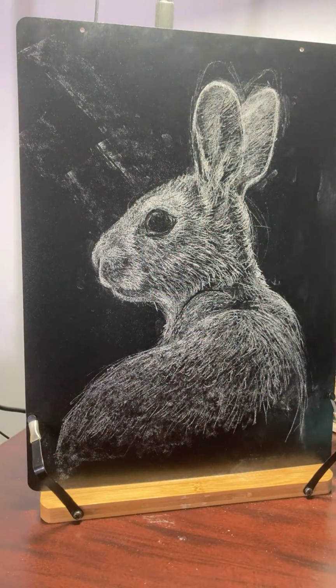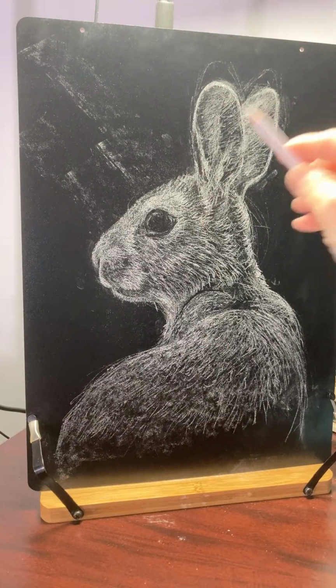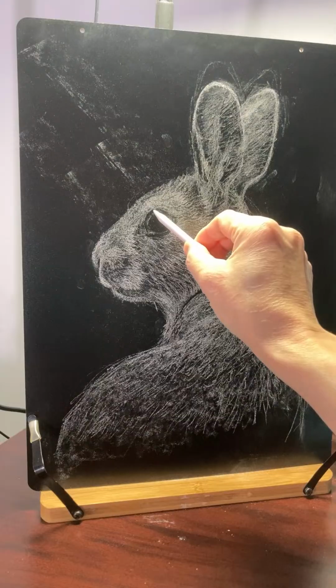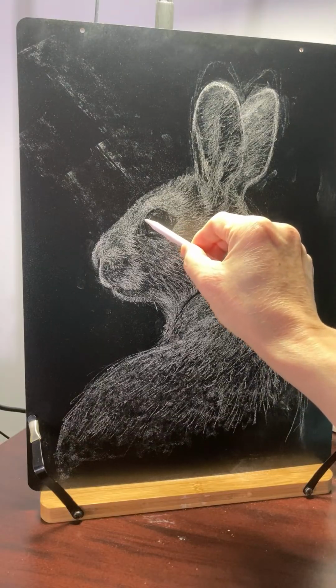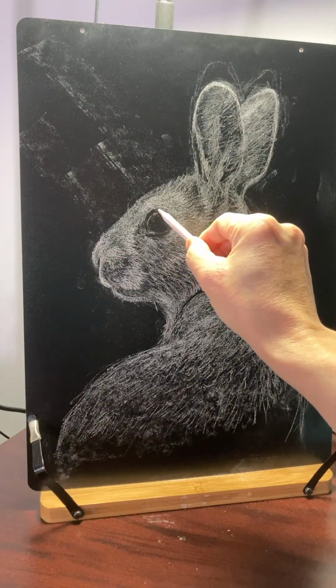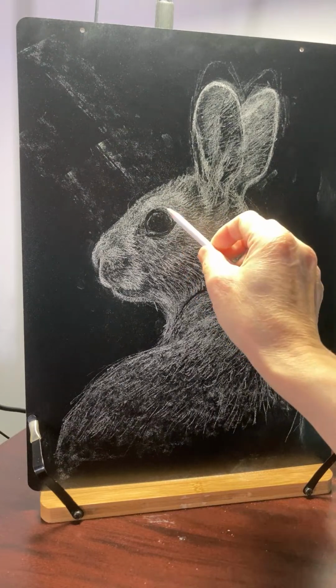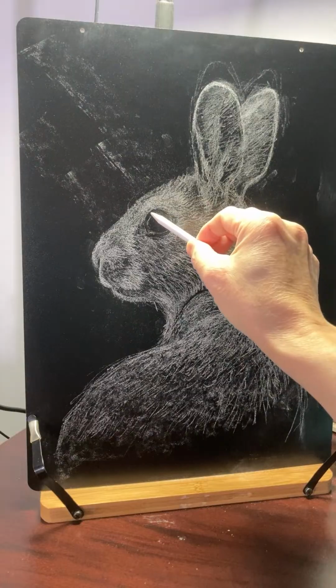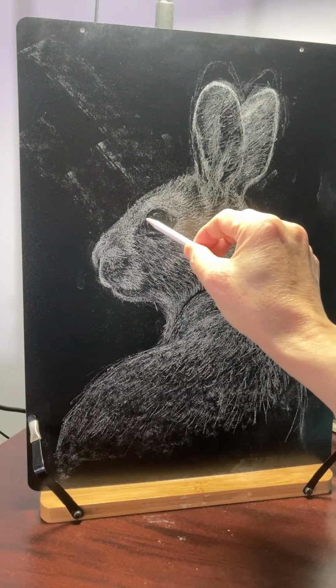Okay, so let me start from the eyeball. That's the very important part, critical part. So this is a shadow, light coming there, so you cast the shadow here.